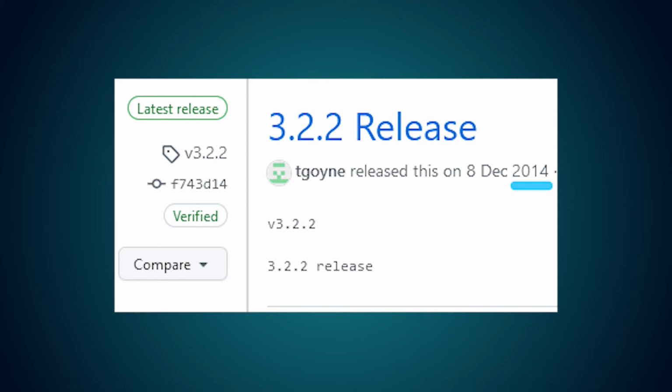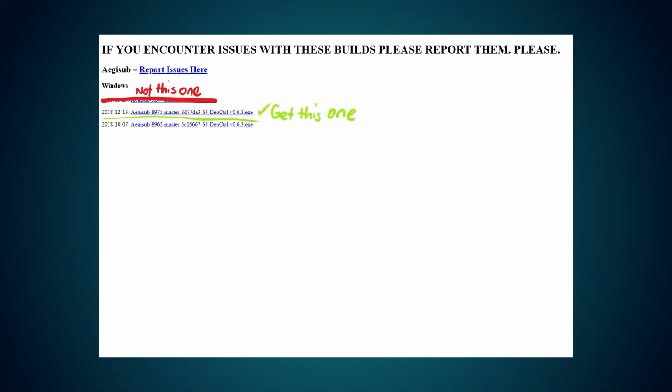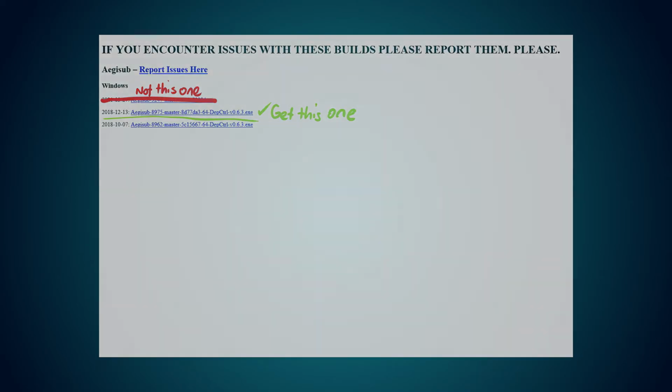I recommend downloading from the link that I'm going to post in the description of this, which includes a number of fixes as well as a plugin called Dependency Control, which isn't strictly necessary for anything we're doing here, but one day if you dive into more advanced stuff, you'll probably be thankful that you already have it pre-installed.